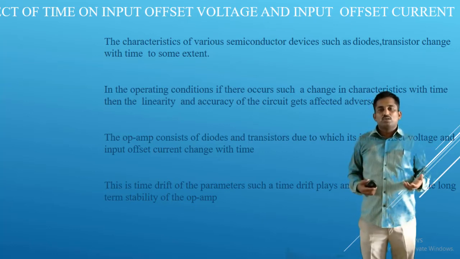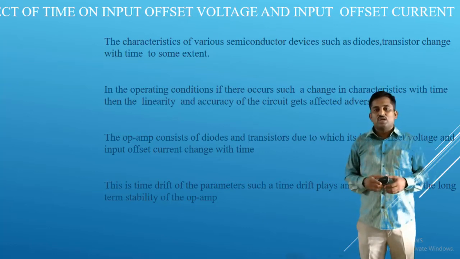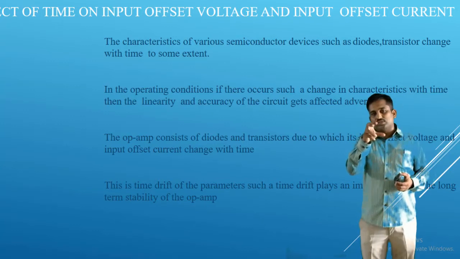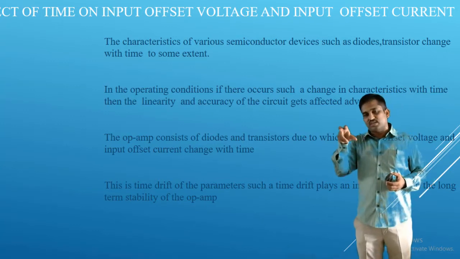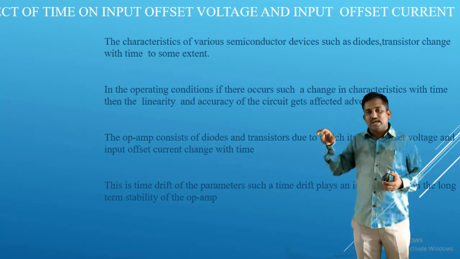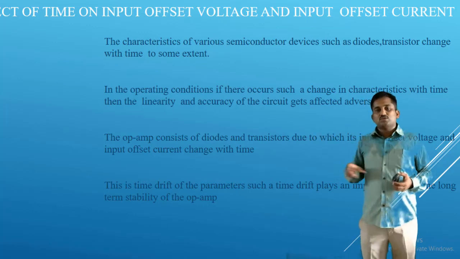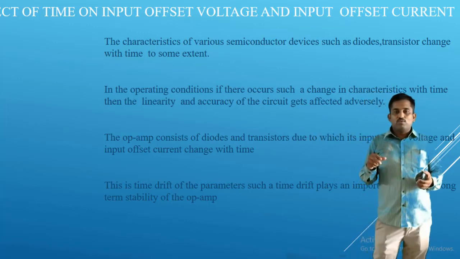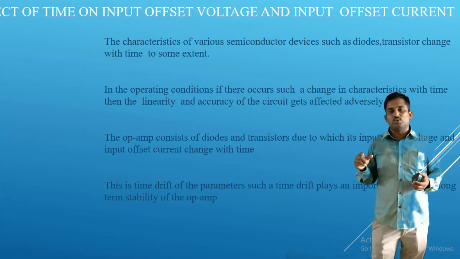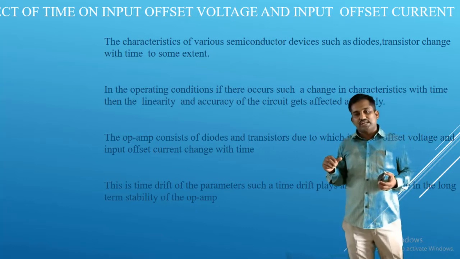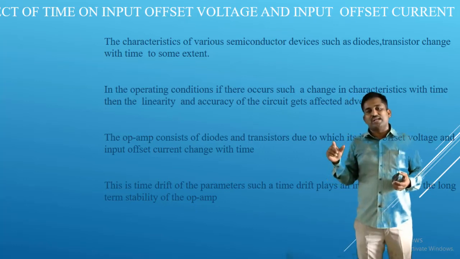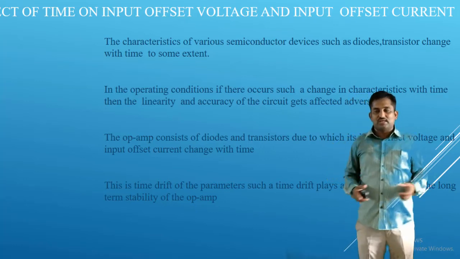Now the output offset voltage: the output offset voltage variation always depends upon the input offset voltage as well as the input offset current. So delta VOOS divided by delta T is equal to (1 plus RF by R1) into delta VIOS by delta T, plus RF into delta IIOS by delta T. Why?